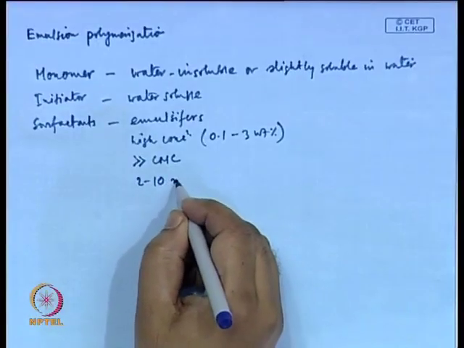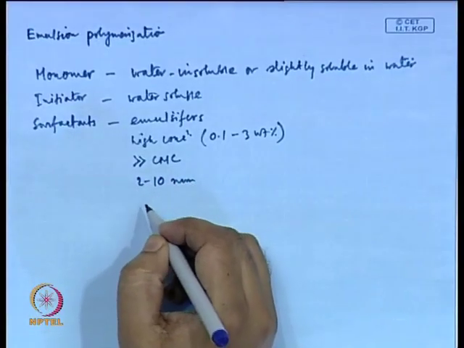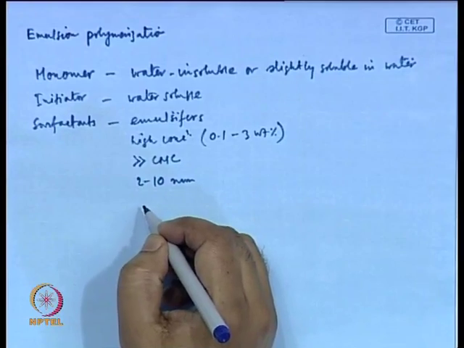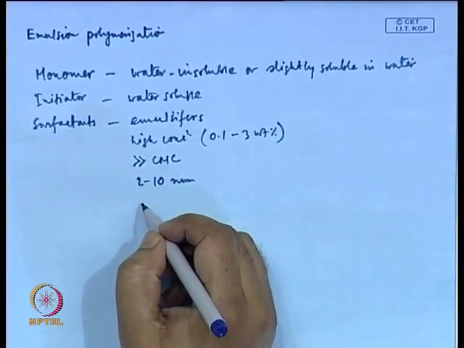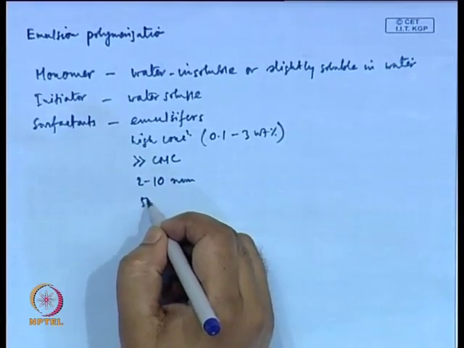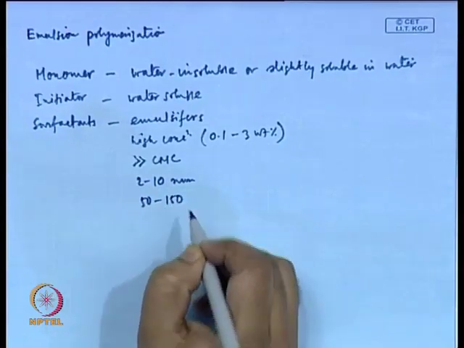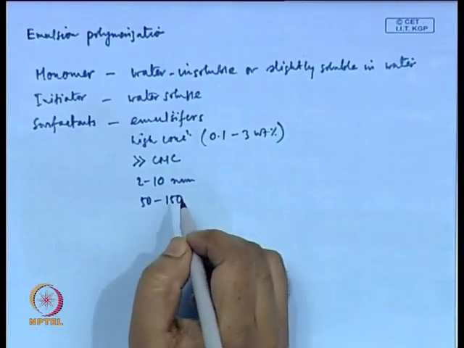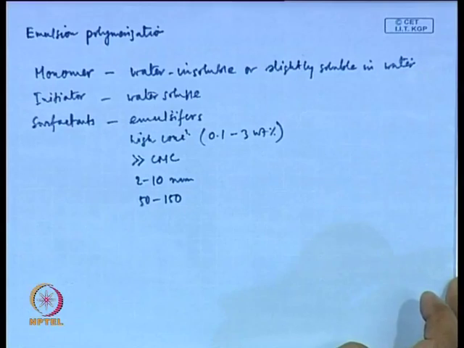By forming micelles, these molecules can hide the hydrophobic parts from the aqueous environment, and typically these aggregates are of size 2 to 10 nanometer, and the aggregation number, which means the number of surfactants per micelle, is around 50 to 150. These numbers depend on the different kinds of surfactants.